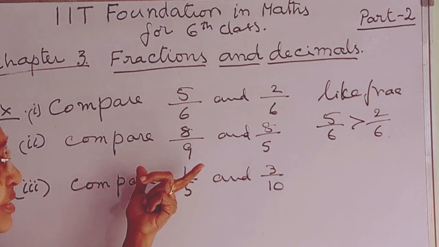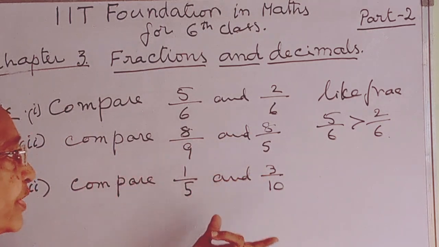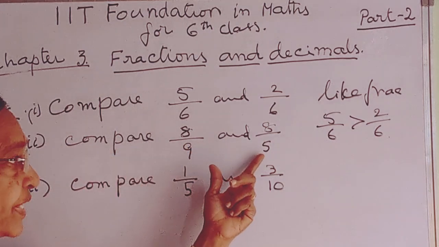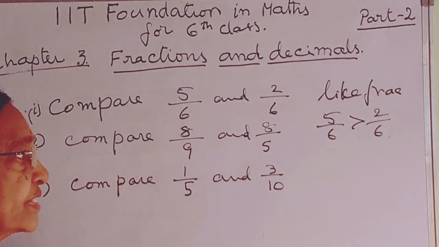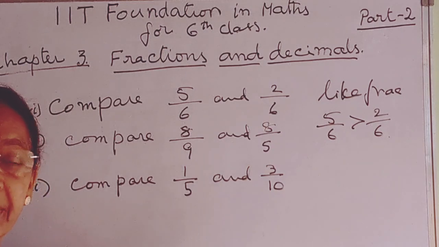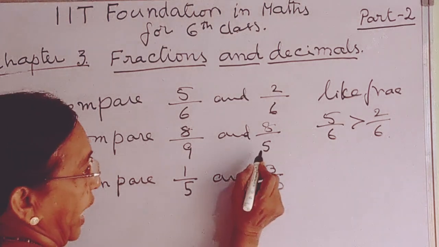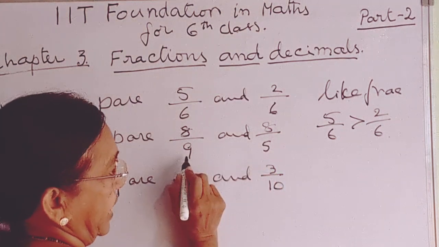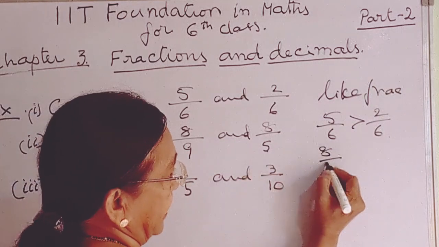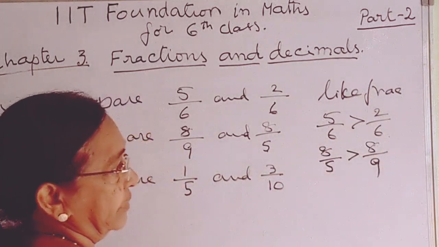In the fractions whose numerators are the same and denominators are different, the fraction whose denominator is least is the greatest fraction, and the fraction whose denominator is greatest is the smallest fraction. Therefore here 5 is less than 9. Therefore 8 by 5 is greater than 8 by 9.